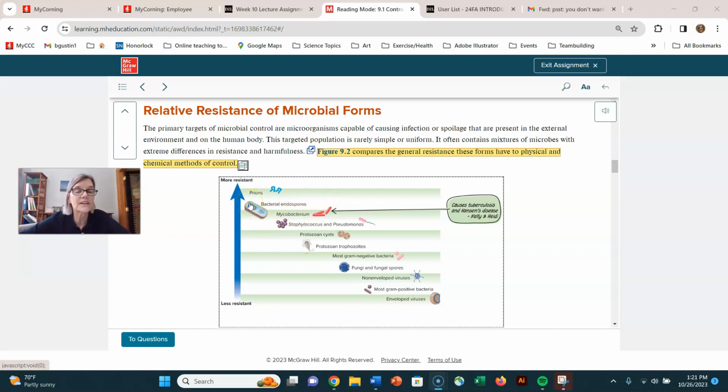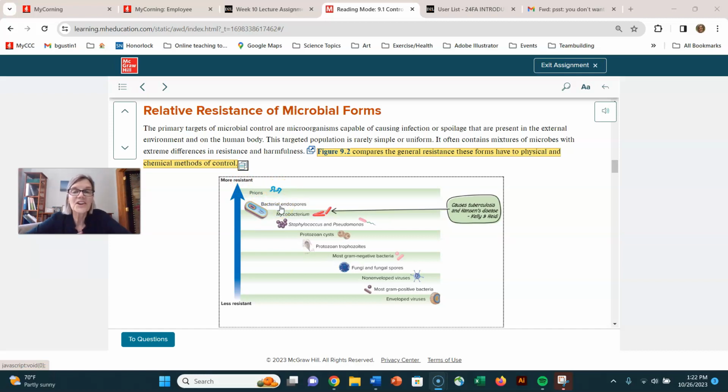Again, remember we said only a couple kinds of bacteria make endospores, but these are common bacteria. So the criteria for sterilizing something is, are you able to inactivate endospores? Now you'll notice on here it says prions are actually more resistant to microbial control than endospores.